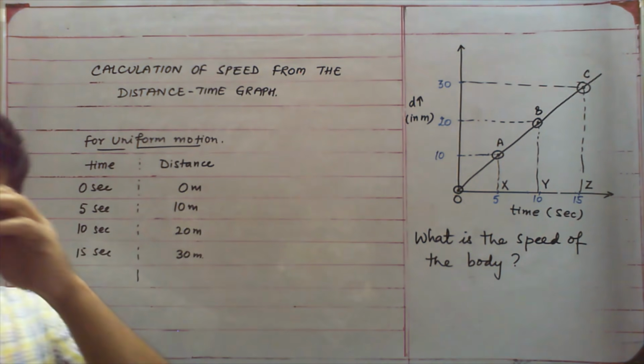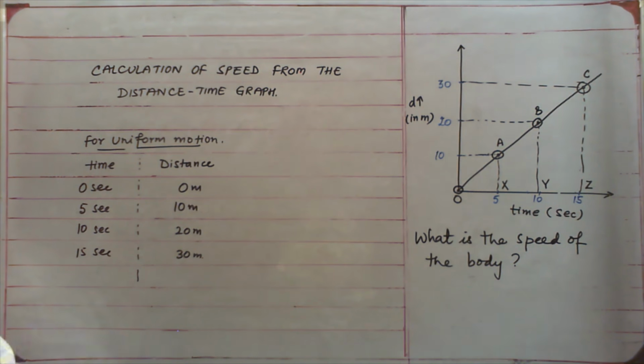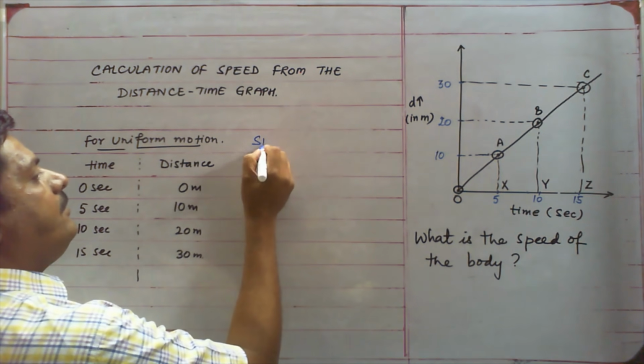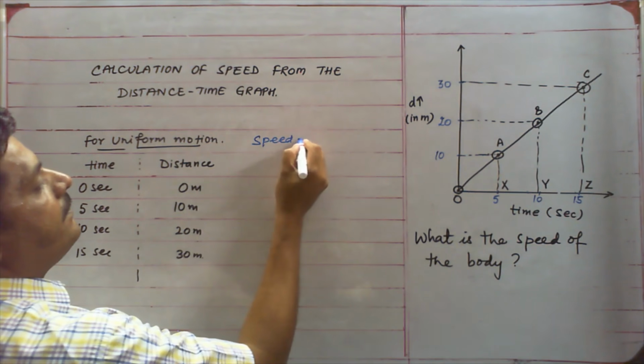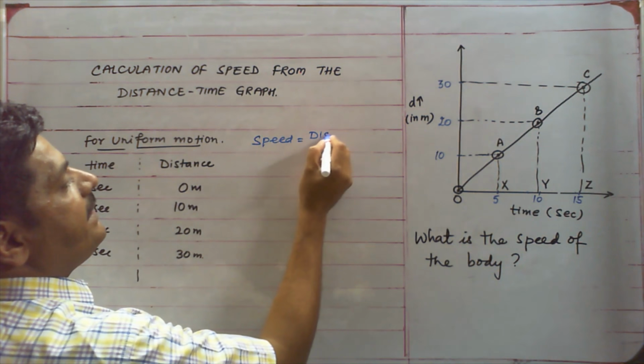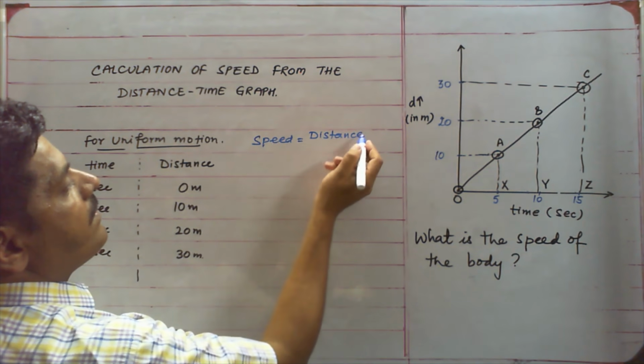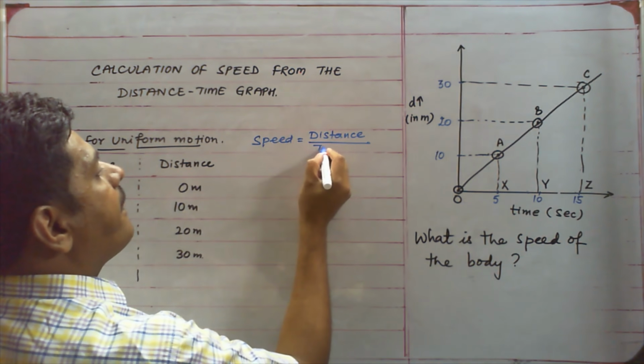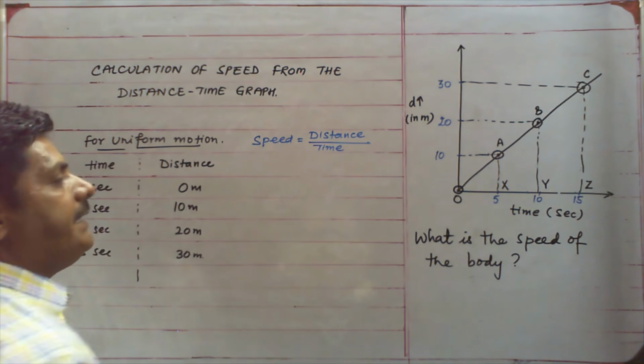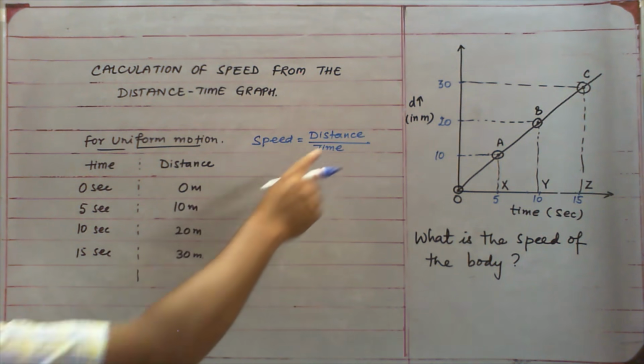So how do we interpret this graph, or how do we study this graph? Let us try to understand. How do we calculate speed? We know the formula: speed is equal to distance travelled divided by time taken.